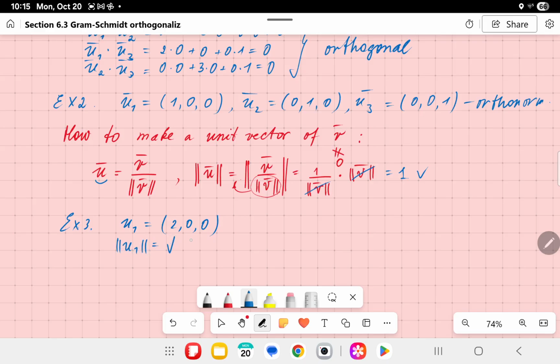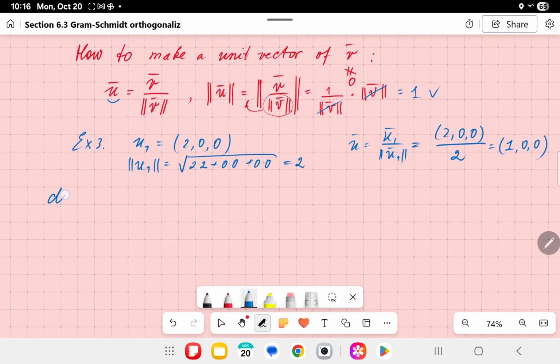Square root, and if our inner product is defined as a regular dot product, we are going to have 2 by 2 plus 0 by 0 plus 0 by 0. In our case, that's going to be 2, right? And a unit vector is going to be u1 divided by the norm of u1, so we are going to have (2, 0, 0) divided by 2, that's the norm. And we are going to have this (1, 0, 0) vector. Okay?